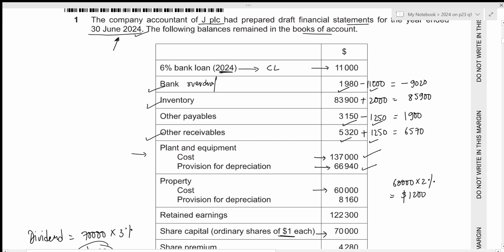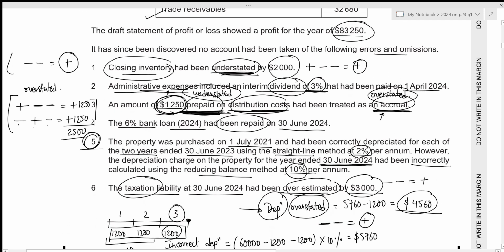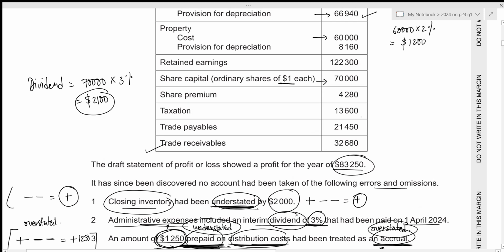So this will no longer be part of our current assets. We need to show it as part of our current liabilities. Okay, then we've already adjusted the property value towards the carrying amount for our property. Then we have the taxation liability, which was overstated by 3,000. So we need to remove 3,000 from taxation. So this results in the correct value of 10,600.